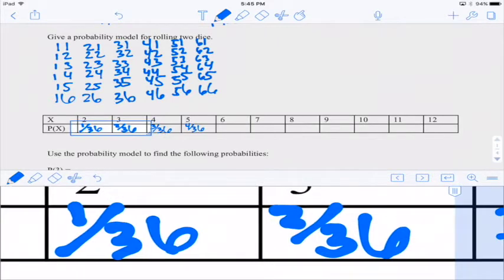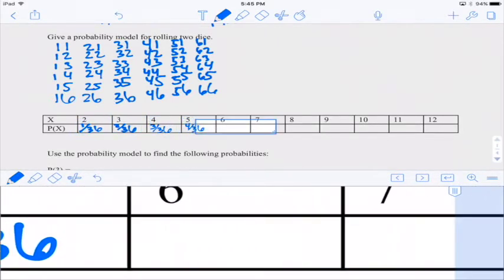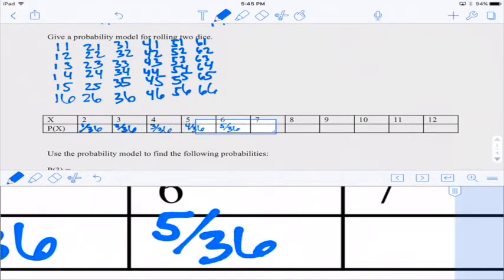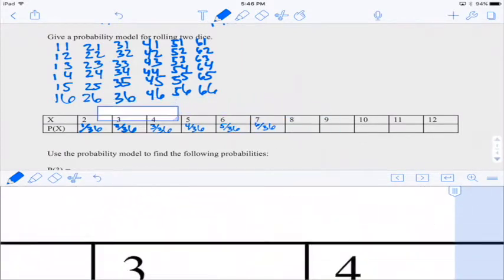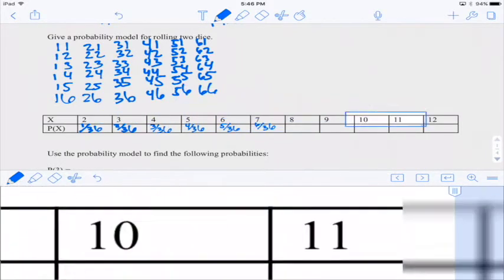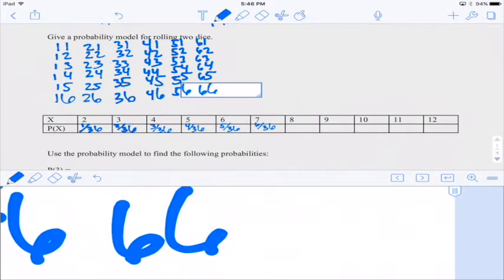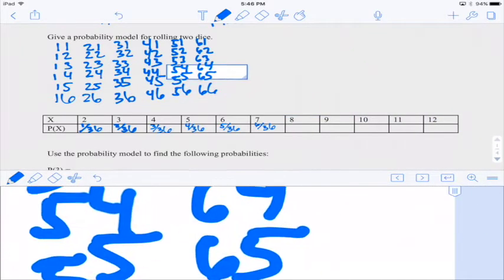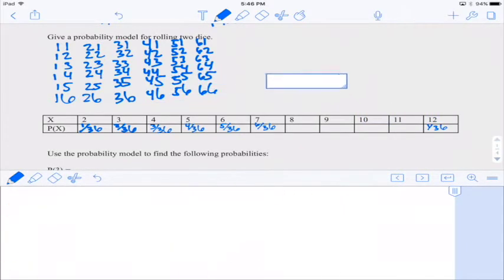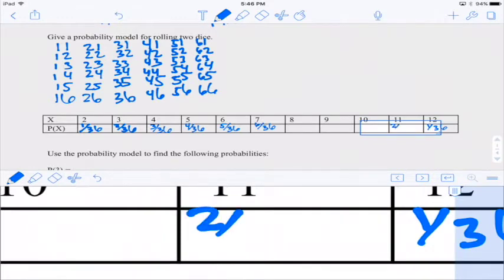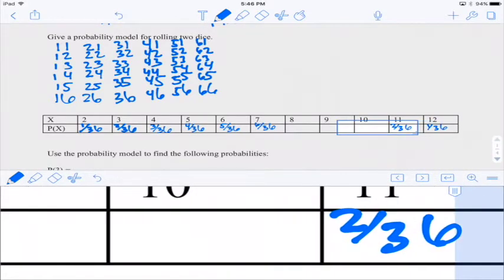And if we see the pattern, then we can keep going. Then at 8 is where it starts to go down. If we look the other way, at 12, 6 plus 6 is 12, but everything else is smaller. So this is 1 out of 36. And then with the 11s, only 5 and 6, so 2 out of 36.